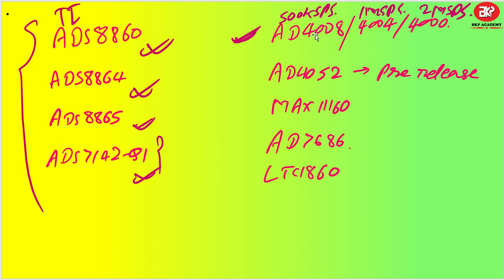We used 4008 because we don't need a lot of speed. Similarly, AD4052, then we have MAX11160, AD7686, LTC1860. All of these ICs we have already used in many different applications, like medical devices, consumer applications, and FPGA systems.